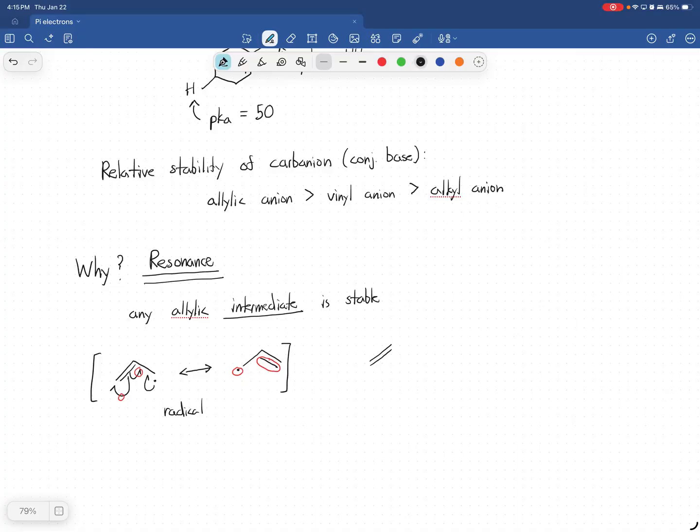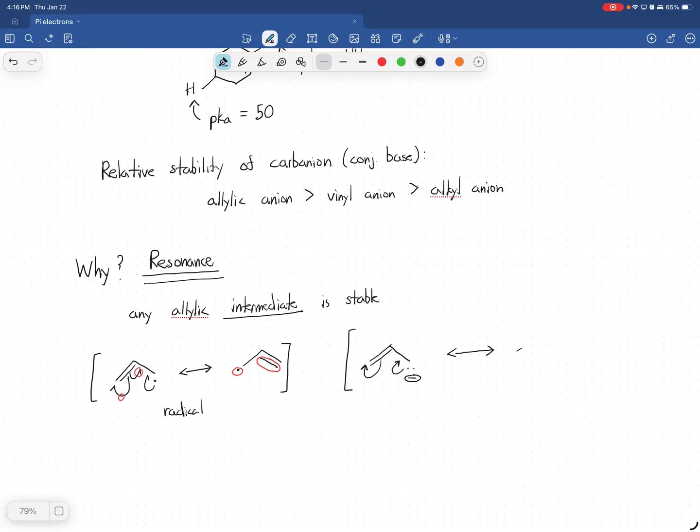All right, then we have, how about the carbanion? How can we draw a resonance structure with this one? So let's move this arrow here. And then this arrow will come up right there.